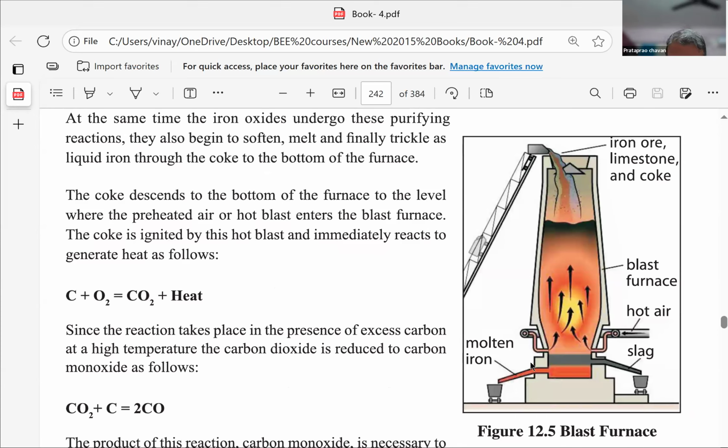When this molten metal is collected into this trolley, and this trolley is then taken on rails to a molding shop where this trolley is tilted.